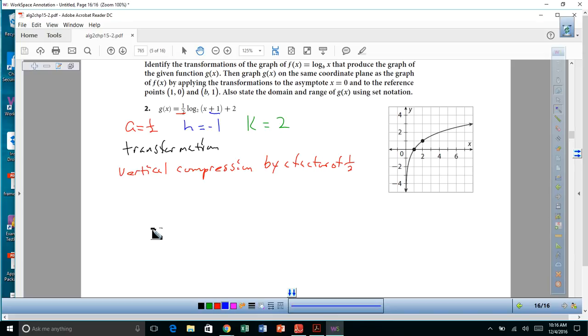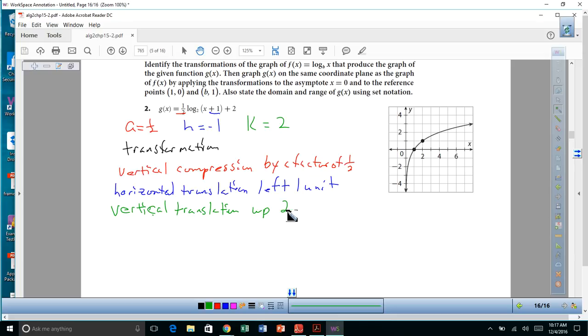And we're going to have a horizontal translation left 1 unit, and we're going to have a vertical translation, up 2 units. All right.